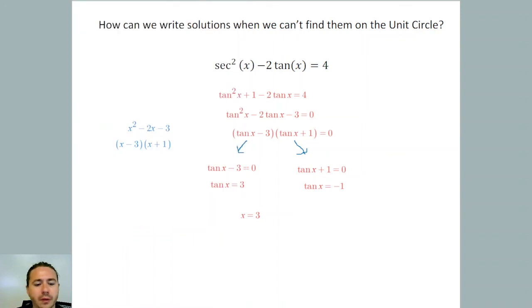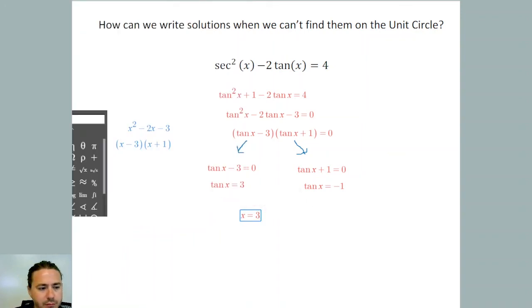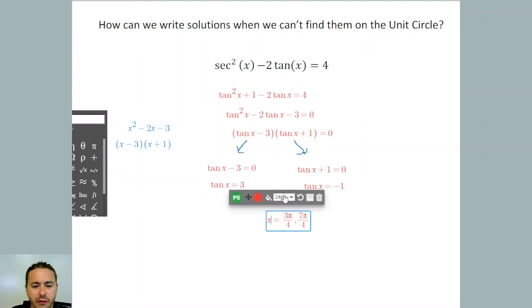There we go. So 3 pi over 4. And the other one would be 7 pi over 4. So that's what we're getting for our solutions to tangent of x equals negative 1.